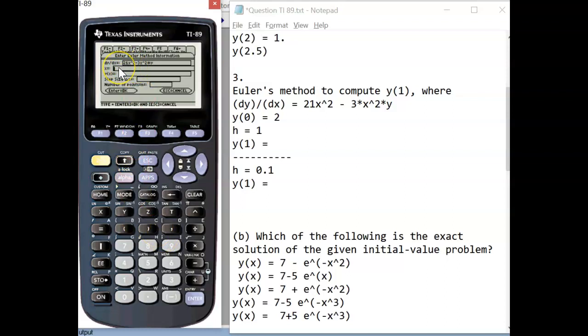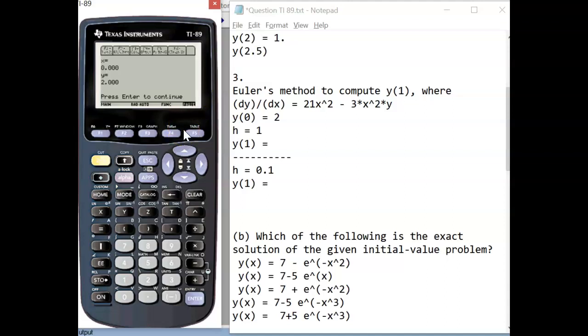Initial condition doesn't change. It's still 0 and 2. What we need to know is the step size, which is h, which is 1. And how many points? Well, to reach x of 1, starting at 0, it will only require one step.